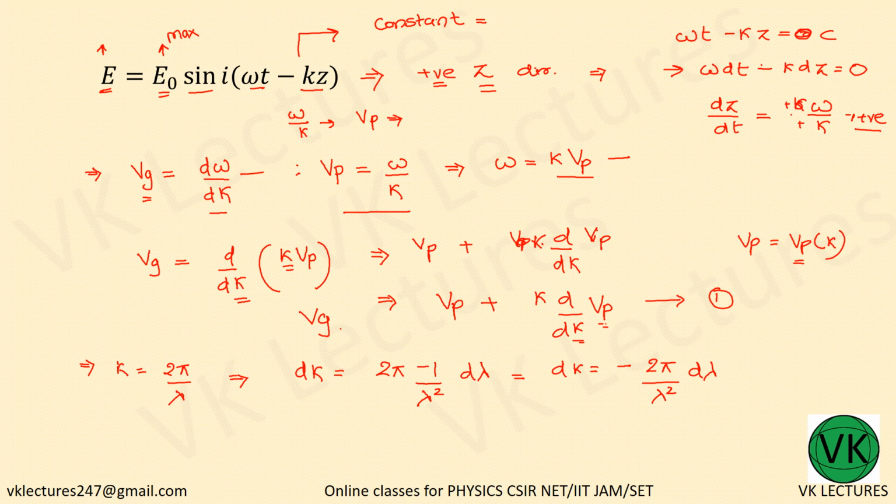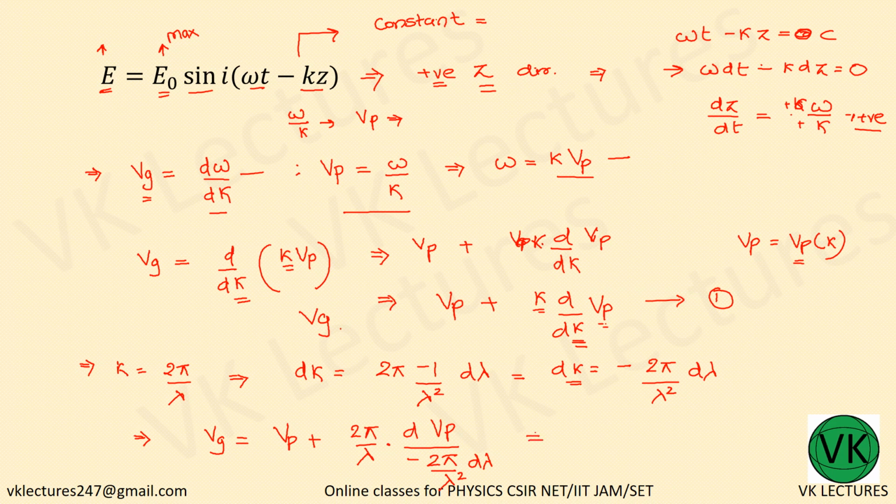We substitute this dk over here and change k as 2 pi by lambda. Then what you get is Vg equal to Vp plus 2 pi by lambda into dVp divided by dk, where dk is minus 2 pi divided by lambda square times d lambda.